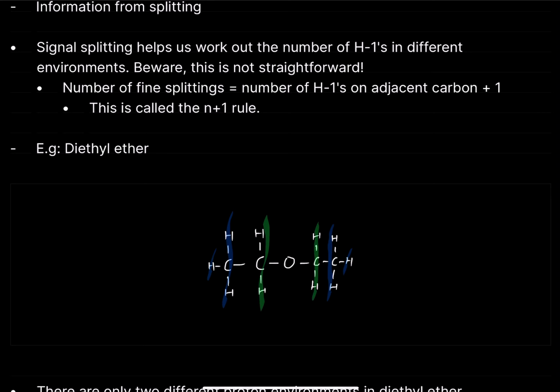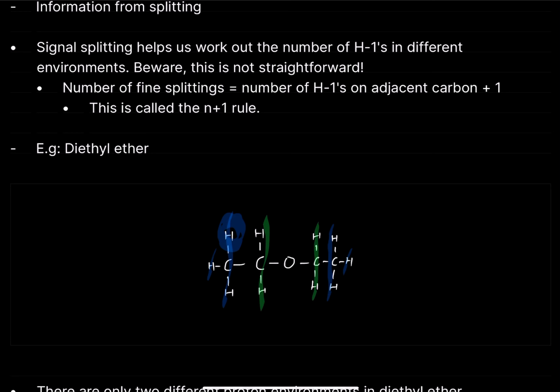Why? We follow the n+1 rule: the number of splittings equals the number of hydrogen 1s on the adjacent carbon plus 1. So for example, this hydrogen here, I would expect it to represent a quartet.